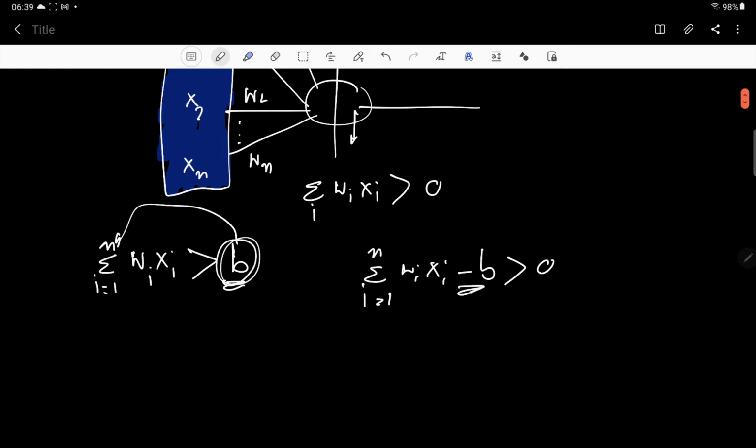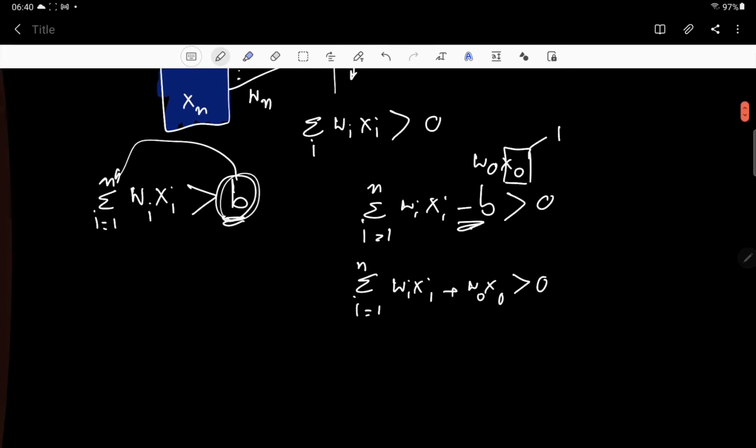So to make it more beautiful, they change it to w0 times x0, and they force x0 to be 1. So this becomes the summation for i is 1 to n of wixi plus w0 x0 greater than 0. So it's quite simple to make it like this.